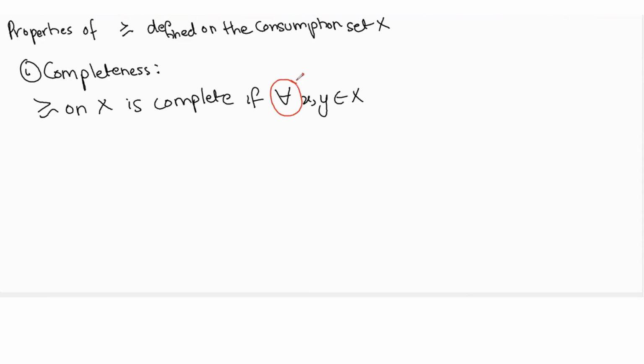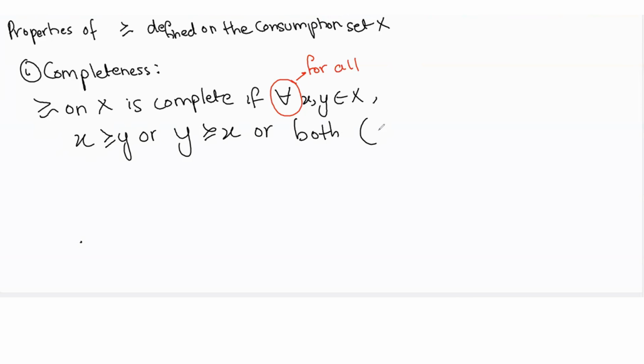Now it is said to be complete if X is preferred or indifferent to Y, or Y is preferred or indifferent to X, or both. Which essentially means that either X would be strictly preferred to Y, or Y would be strictly preferred to X, or you would be indifferent between X and Y.